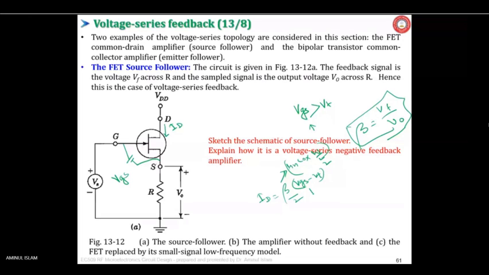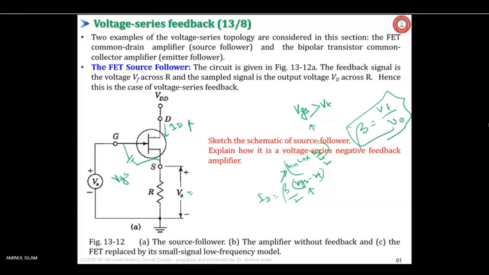So if VGS increases, what happens to current? Output current increases or not? Yes, sir, increase. If VGS decreases, then current will decrease. That you understand? Very clear. So when for any reason ID increases, what will happen to VO here?